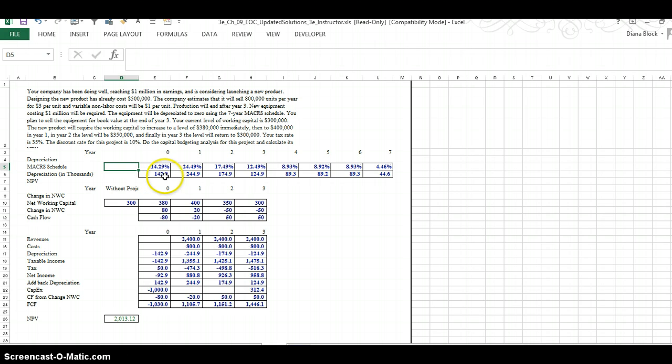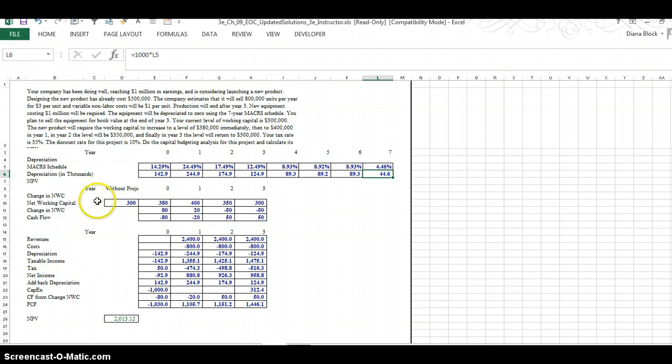So I took 1 million and multiplied times these percentages, and I got these depreciation amounts for each year. For whatever the cost of your equipment, you're going to multiply it times these set amounts, and then you'll know what the depreciation is each year from year 0 all the way through year 7. Okay, so we've got that.